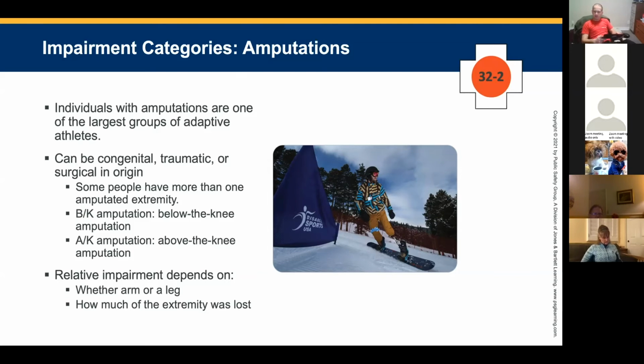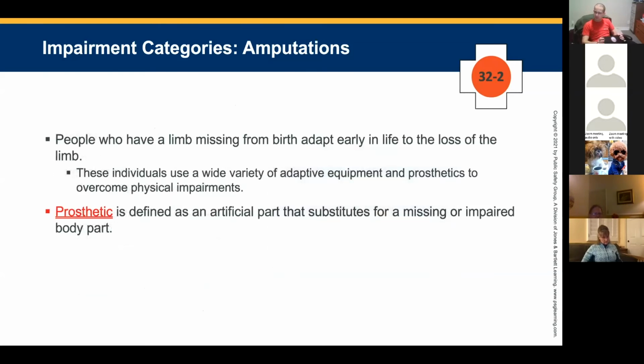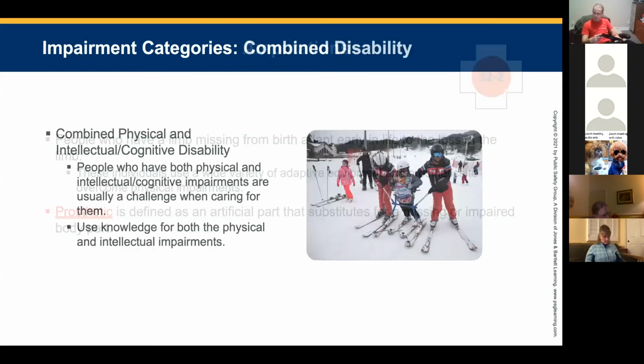Really just depends on what the cause of the amputation was. So some people have missing limbs from birth. They're able to easily adapt in life, and they use a variety of adaptive equipment and prosthetics to overcome the impairment. And a prosthetic is an artificial part that substitutes for the missing or impaired body part.